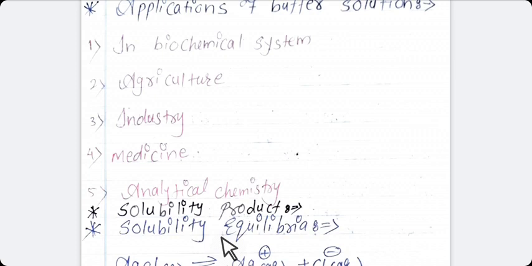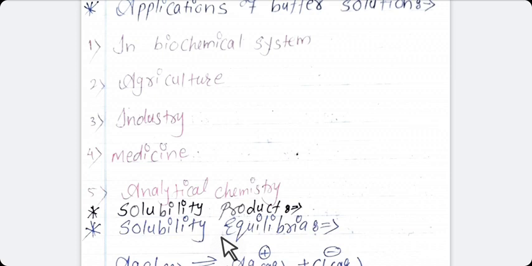So students, suppose we are using some powdered sparingly soluble salt, AgCl, that is silver chloride, and put it into water and stir vigorously.